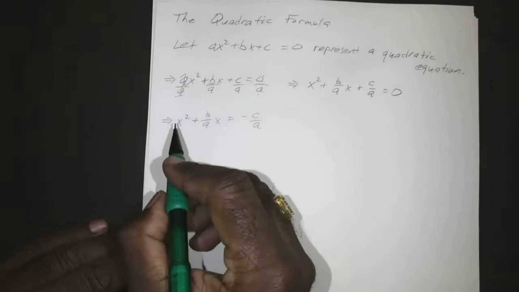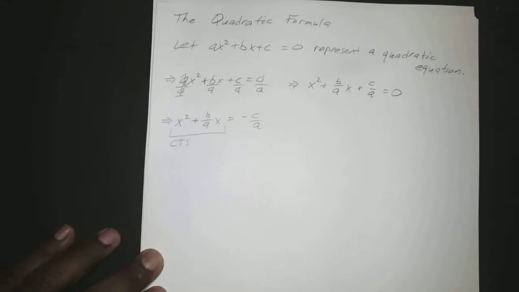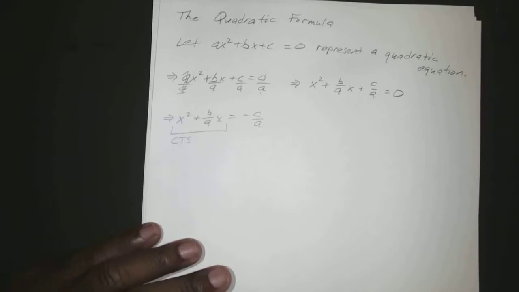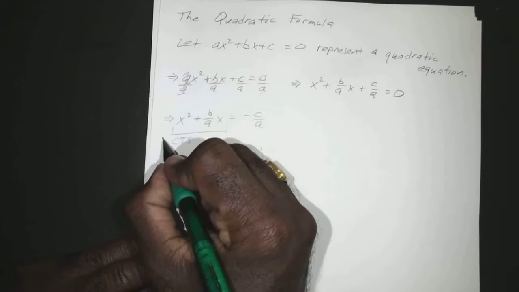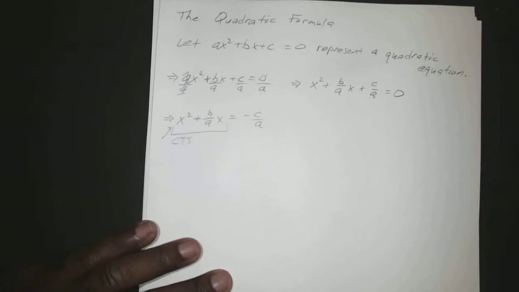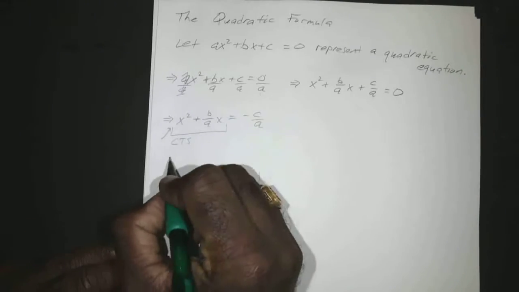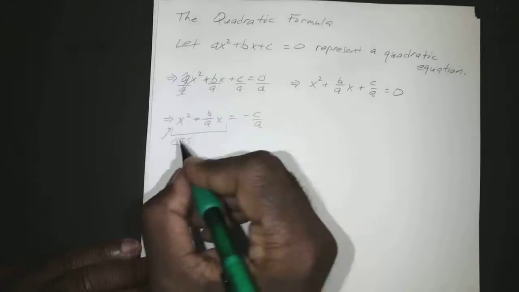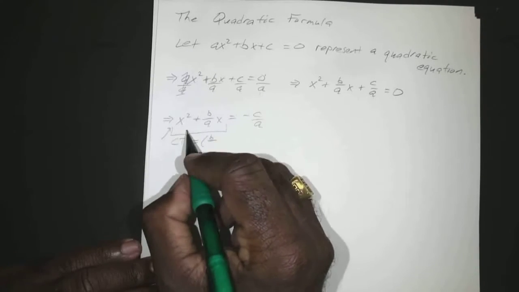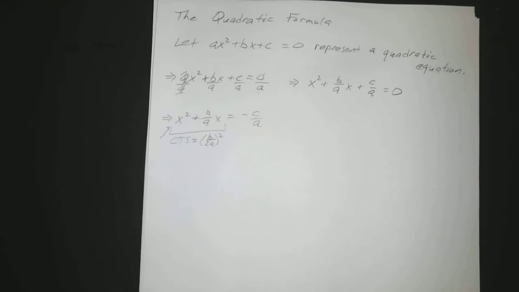Okay, so now we're going to complete the square over here. Okay, so you know our a is equal to 1 and our b is equal to b over a. Well, I should have used different letters than a and b, but we'll leave it there for now. Okay, so if we completed the square, remember that would be b divided by 2a, squared.